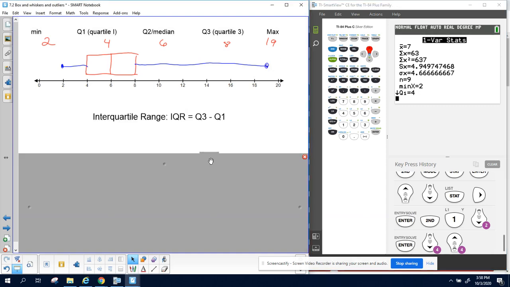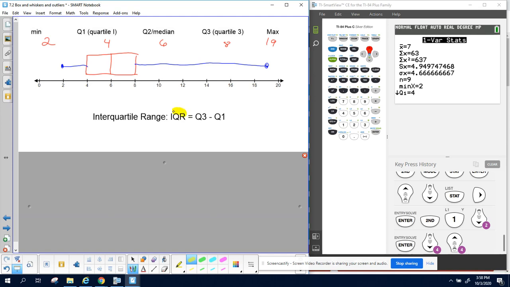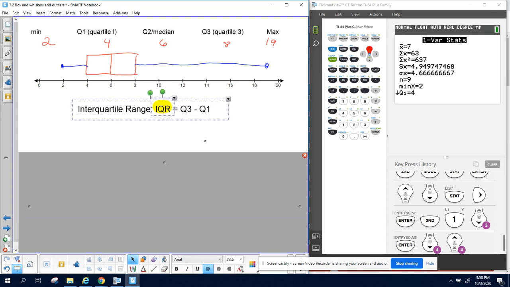All right, new vocabulary. Make sure to write this one down in your notebook. Interquartile range. We're going to refer to this as IQR moving forward. So when we ask you to find the IQR, the interquartile range, you need this formula. Make sure to highlight it on your paper.